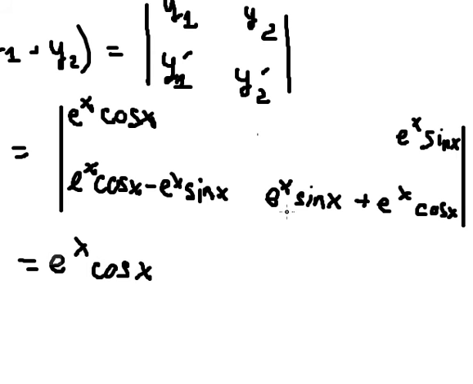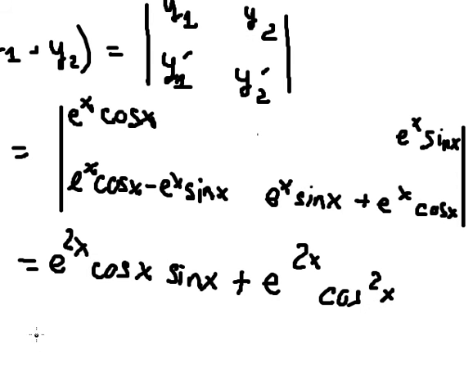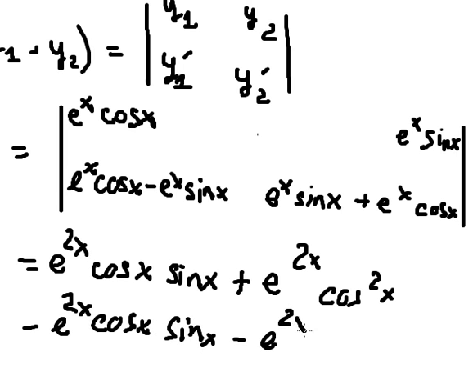So this one multiplied by this one, we have e to the power of 2s cosine s sin s plus e to the power of 2s cosine s squared, minus e to the power of 2s cosine s and sin s, minus e to the power of 2s.